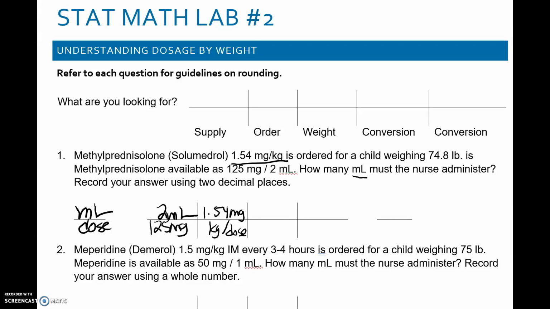Okay, and then we need to go ahead and look at the weight now, because we have kilograms here. We're going to put our pounds up here, 74.8 pounds. Okay, so if we get our crossing out pen, we cross out milligrams.